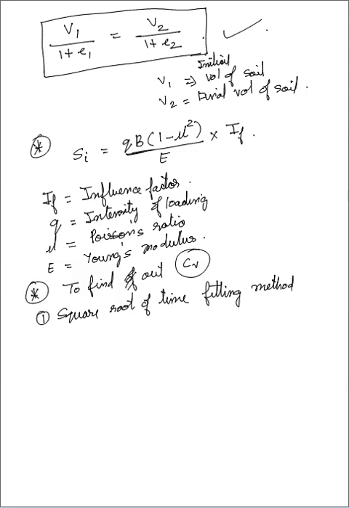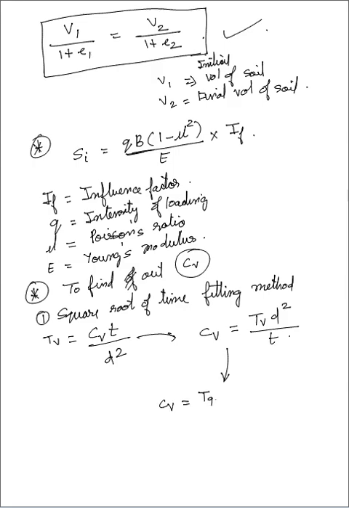The formula remains the same, the basic formula TV = CVT upon D square. So CV = TV D square divided by T. This formula will be converted to CV = T90 D square upon t90.